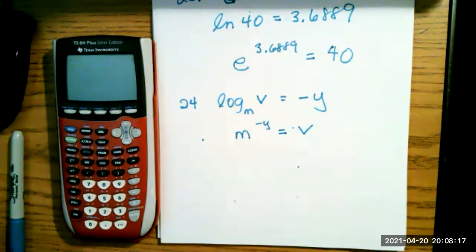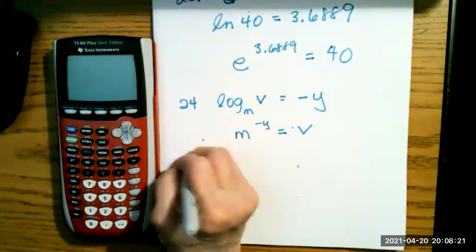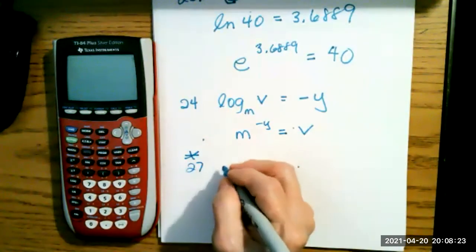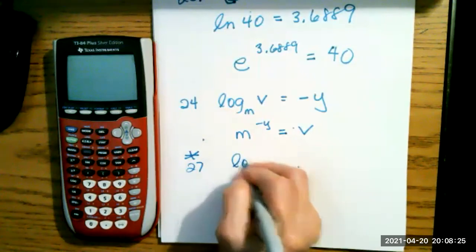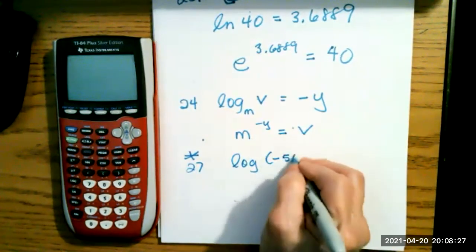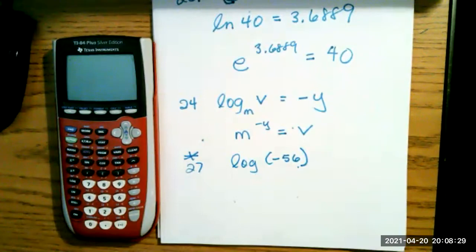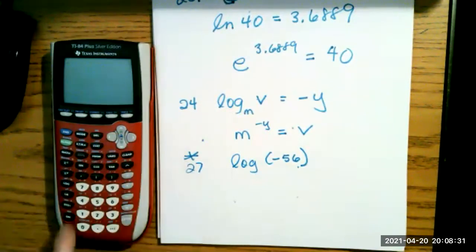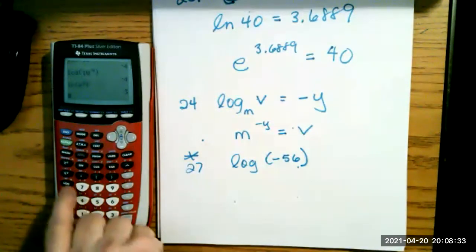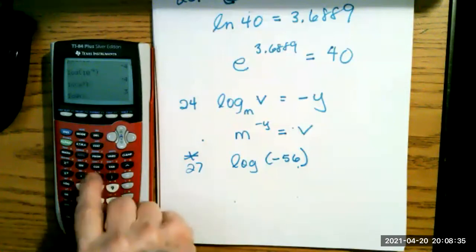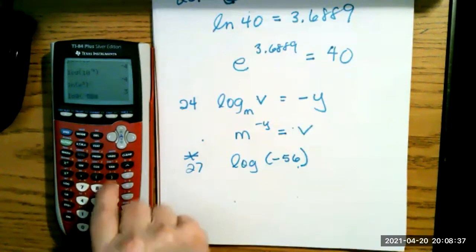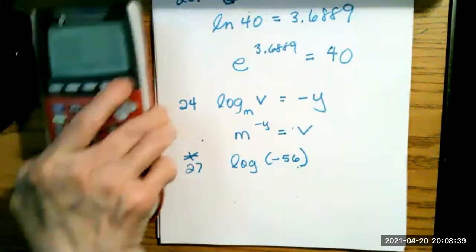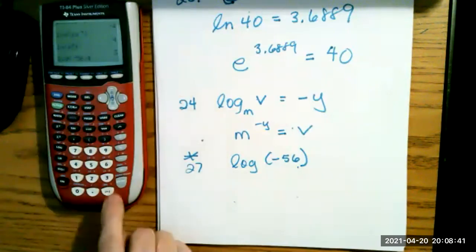If you get an error, there's a number 27 you have to watch out for. It says use a calculator and find the log of -56. So let's do that on our calculator real quick. Log, parentheses, -56. What do you get when you hit enter? Error.